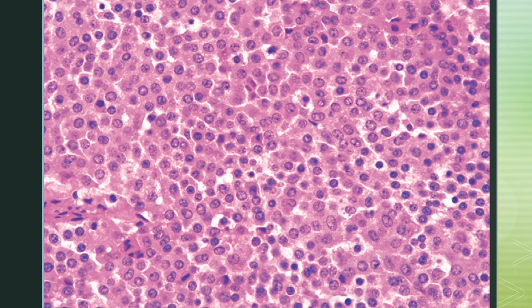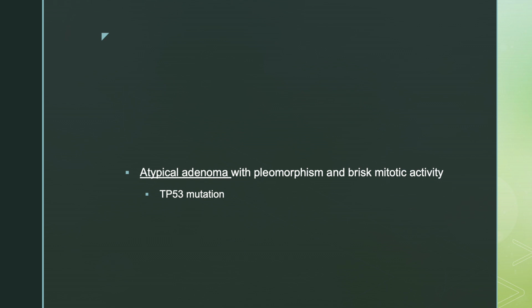There is no basophilic or non-staining cells. This is a characteristic of any tumor. It's composed of only one cell type. The phrase atypical adenoma is used to describe tumors with significant pleomorphism and brisk mitotic activity, typically associated again with TP53 mutation, and they have a poor prognosis.